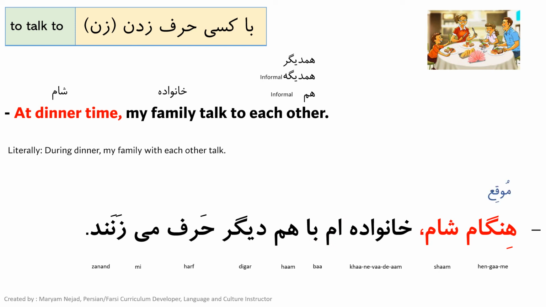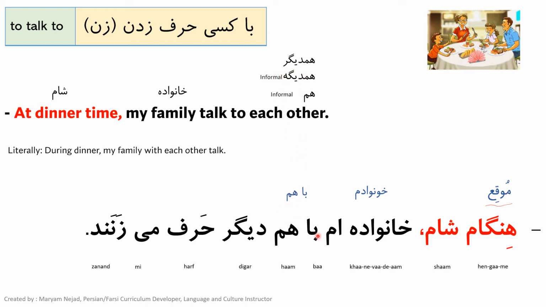All right, now the informal of the sentence. So هنگام becomes موقع, and then the pronunciation of خانواده‌ام becomes خونوادم. And then we said با هم دیگر becomes either با هم or با هم دیگه.